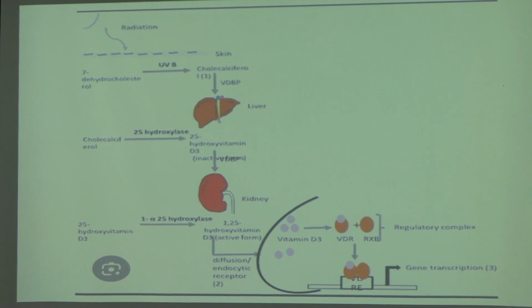Okay, and then in the liver, one enzyme is there called 25-hydroxylase, with the presence of molecular oxygen in the cytochrome P450 system.